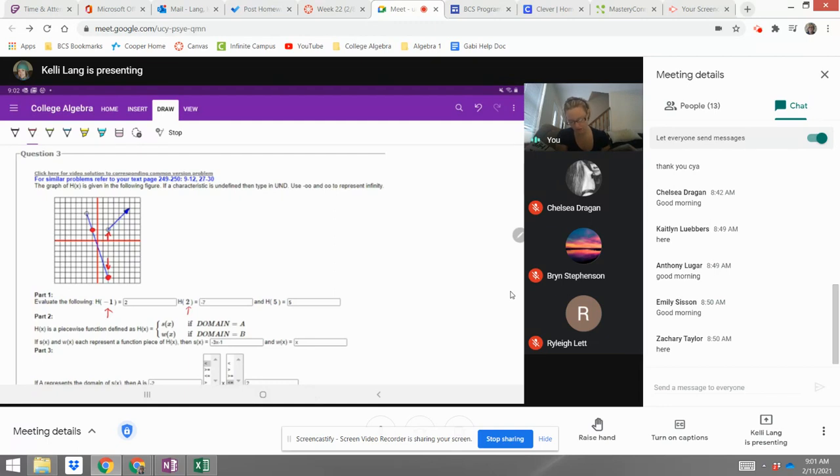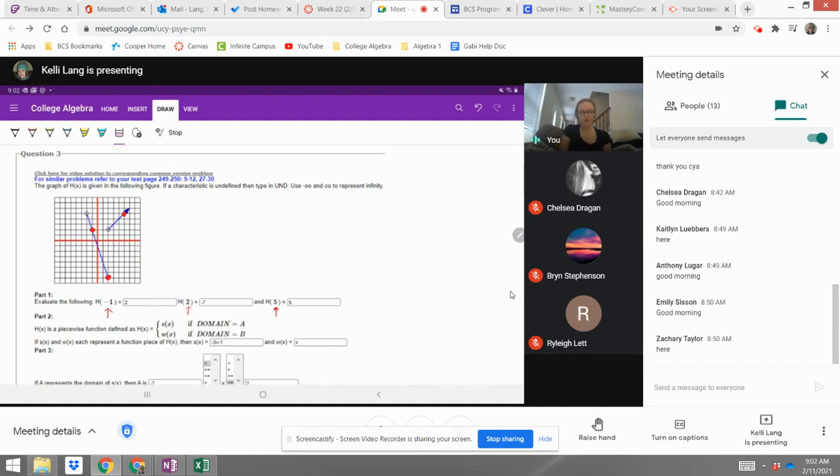So h of 2 would be -7 here, not +2. And then the other point they want us to plug in is x is 5. So we would count over 1, 2, 3, 4, 5, find our y value, which appears to also be 5. So these are the 3 points they've asked us to find.